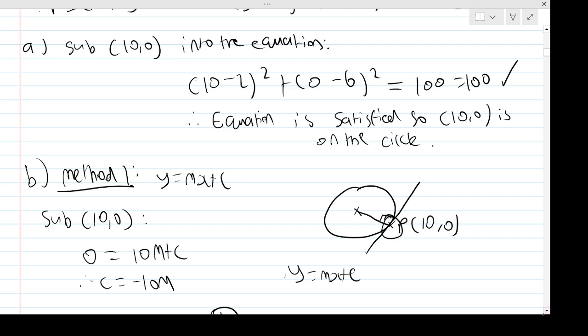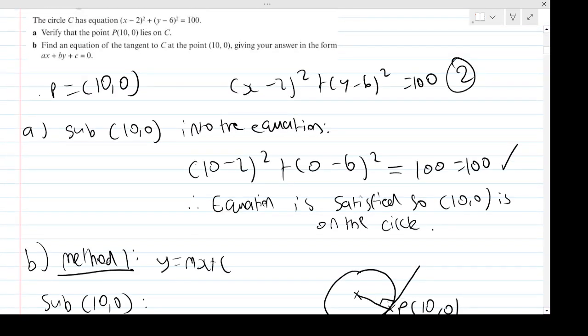Okay, well, I know the radius is at that point P, but it also goes through the centre, right? So then I can work out the centre to work out the gradient between the centre and the point P, which then allows me to get somewhere. But I know how to find the centre because I'm given the equation of the circle.